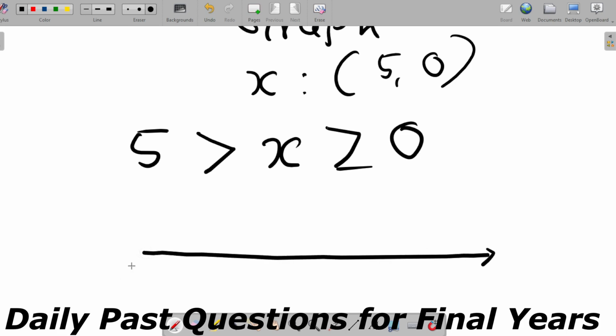Then I'll number it. In this case, I want the positive side to have more numbers, because on this number line we need more positive numbers.